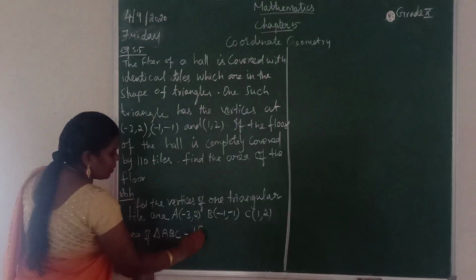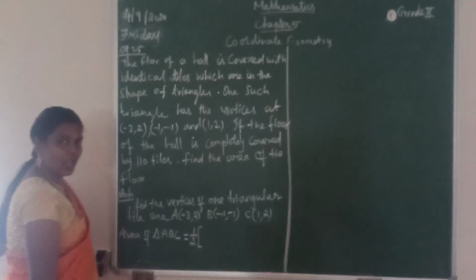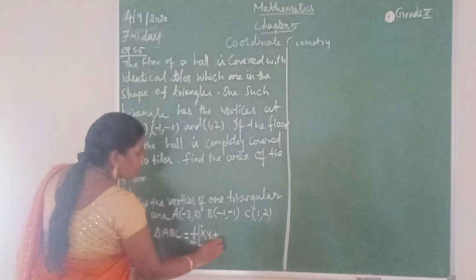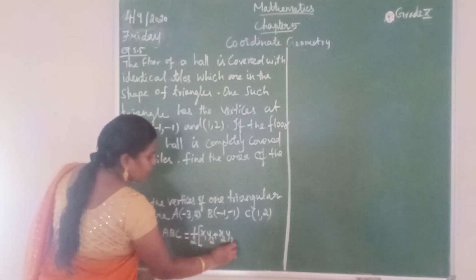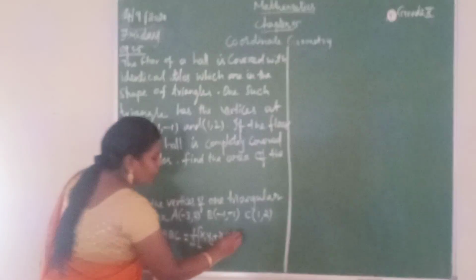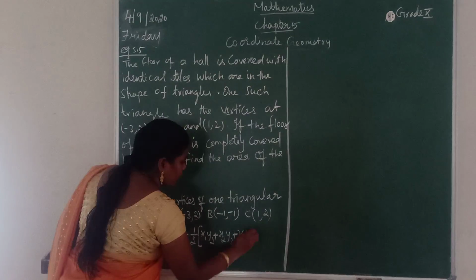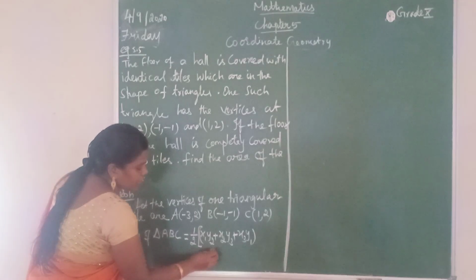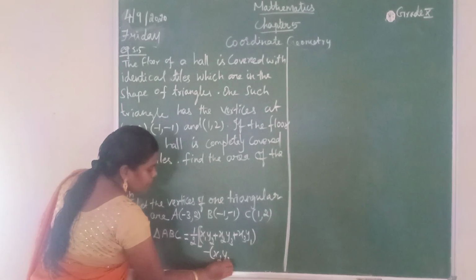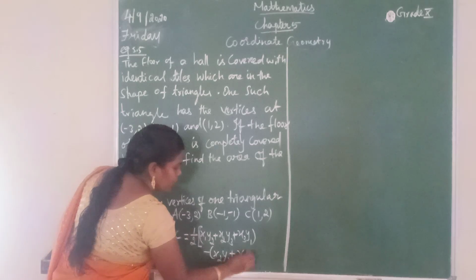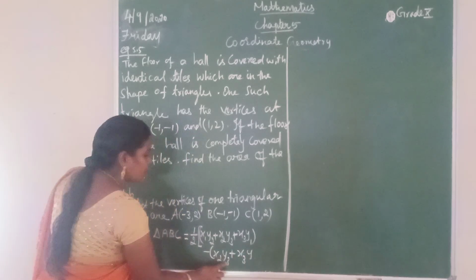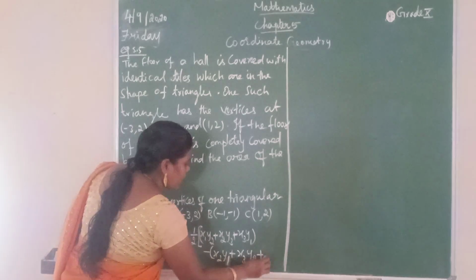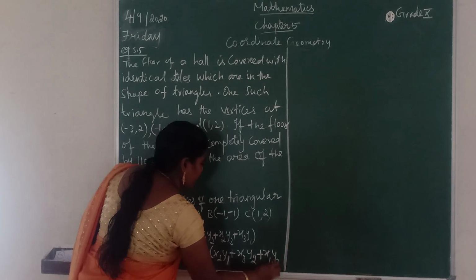Recall the formula: half of x1 y2 plus x2 y3 plus x3 y1, close the bracket, minus of x2 y1 plus x3 y2 plus x1 y3, close the bracket.